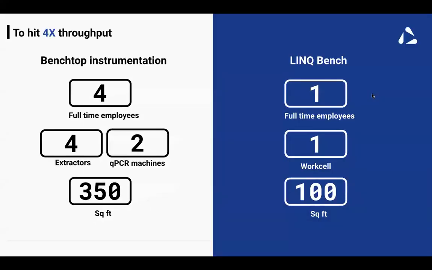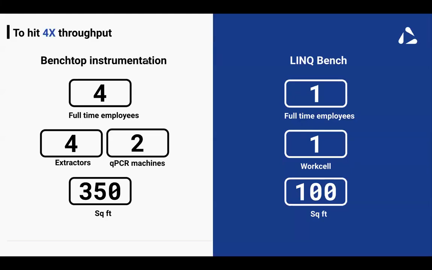So we were working with someone who was already using benchtop extraction methods. And part of the things we like to do when we work with customers like this is make sure, is this system hitting the goals that you want it to? And by comparing how they would have scaled up without our system.